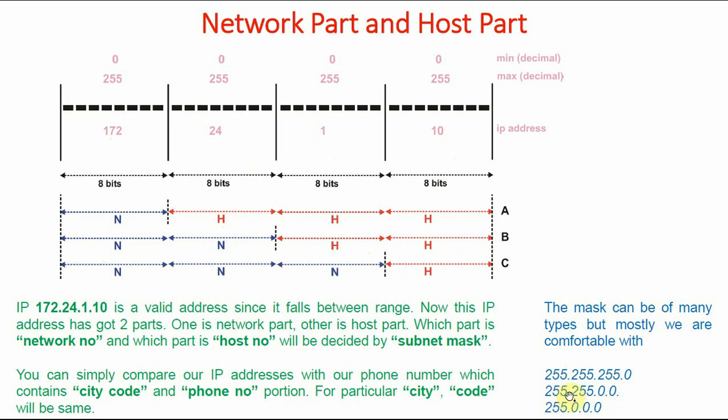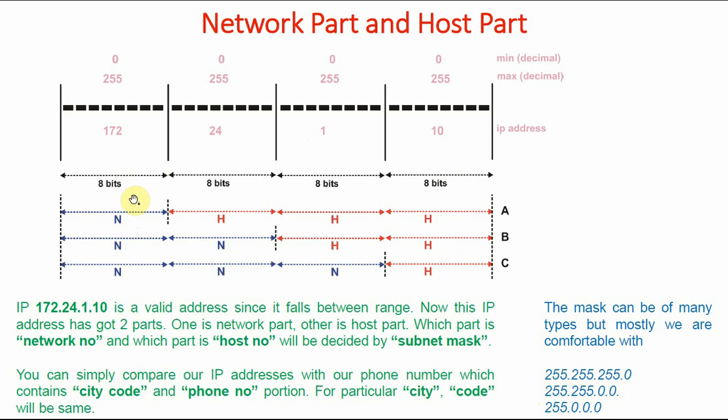And if your mask is 2 times 255, these two octets are your network number and the rest is your host number. And if it is 1 times 255, one octet is your network portion and the other three are your host portion. And we have depicted this by this diagram.